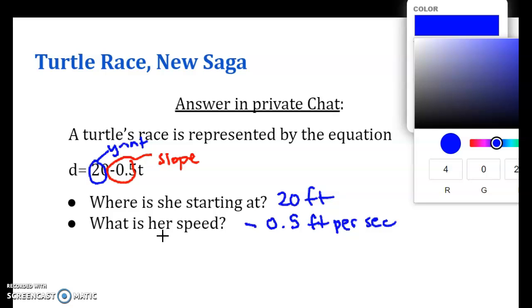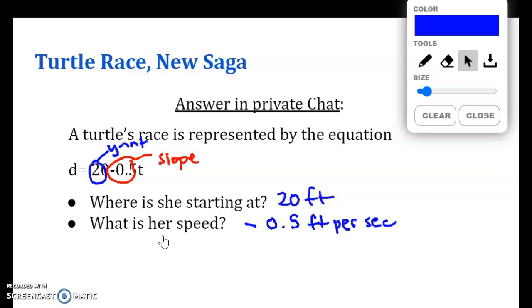What does negative 0.5 feet per second mean? The turtle's actually going backwards, isn't it? It's going backwards, starting from 20 feet, but going in the opposite direction.